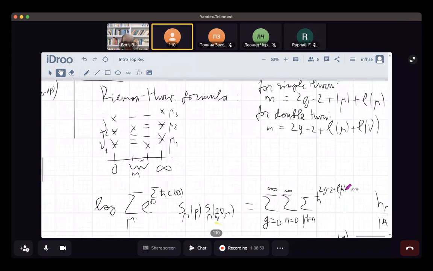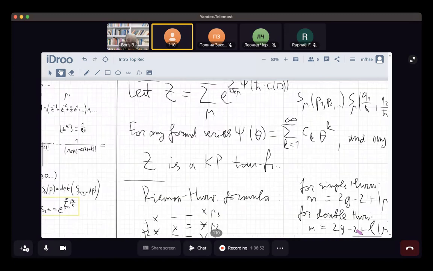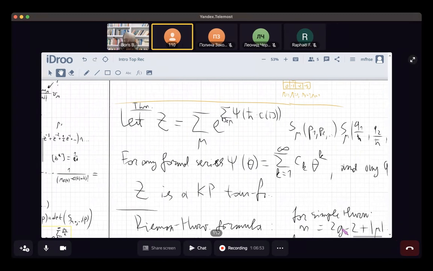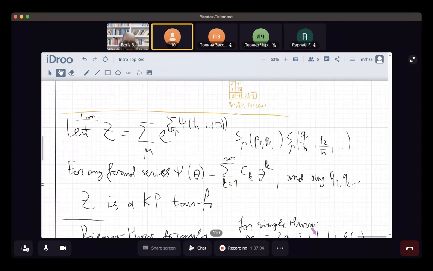Anyway, you see that if we're looking now at this, then when all the c_k are 0 except c_1, which is equal to 1, if psi is just equal to theta, and all the q's are equal to 0 except the first one, we get the generating function for simple Hurwitz numbers.